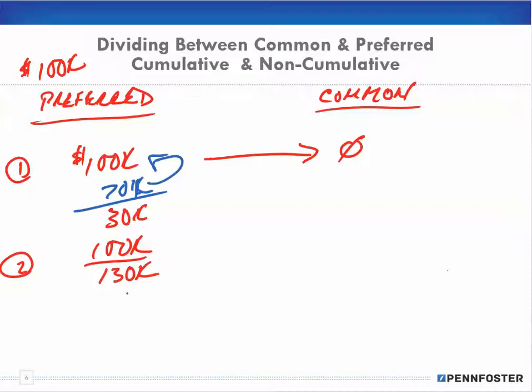But now let's say zero is actually declared, right? So at the end of the second period, a full 130,000 is still owed to preferred. Now at the end of the third period, $100,000 more is owed to preferred, right? So now 230,000 is owed to preferred.